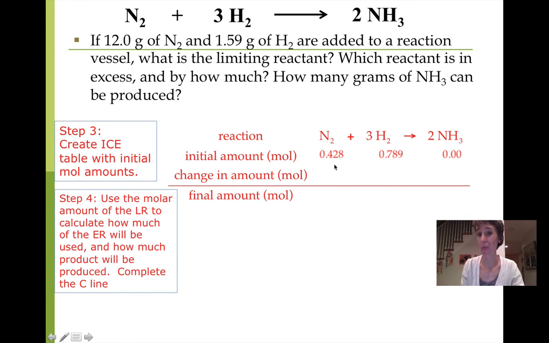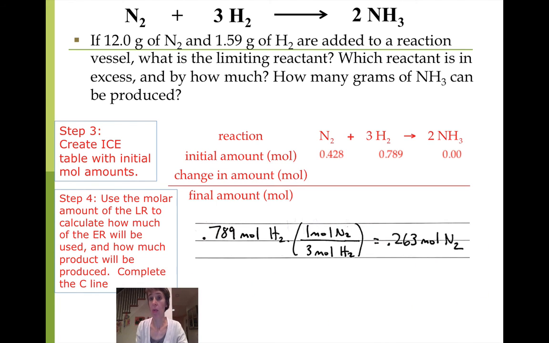So we have 0.428 moles, it's not all going to be used. And also to calculate how much of the product will be produced. So we do this with a stoichiometric ratio. The hydrogen is the limiting reactant, 0.789 moles of it, and for every 3 moles of hydrogen, we use 1 mole of nitrogen.